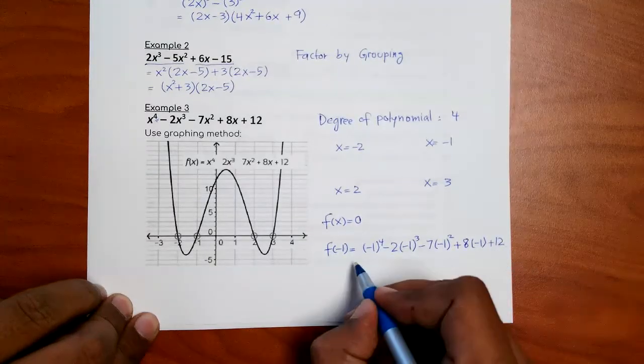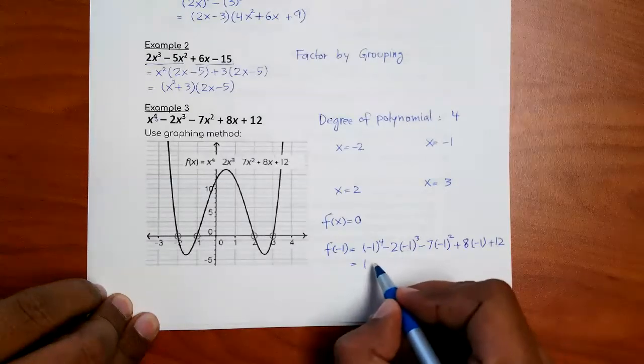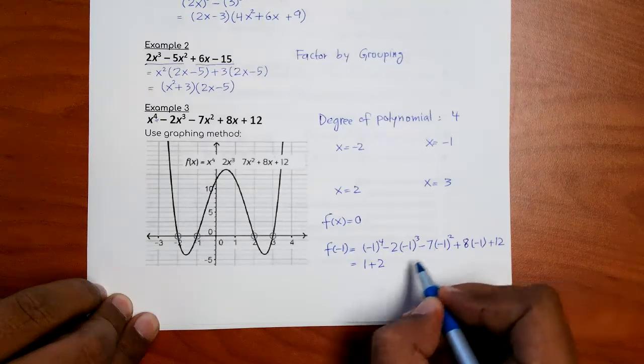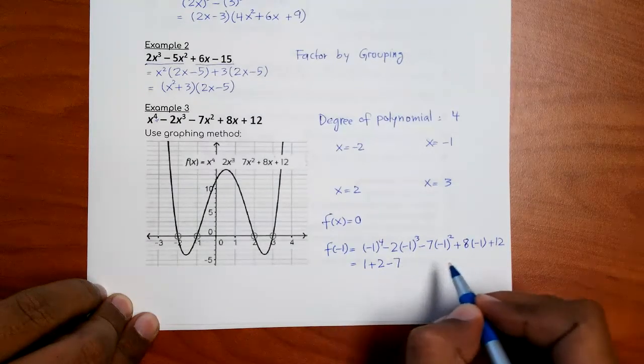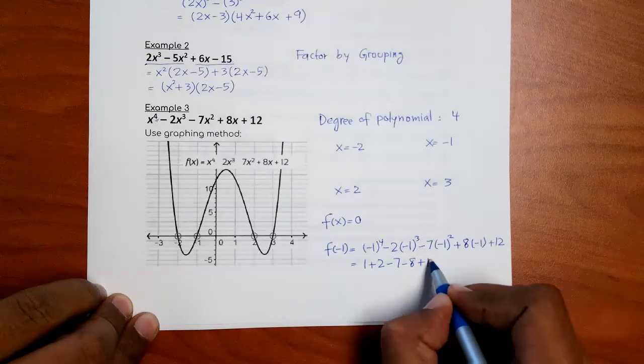Okay, so now negative 1 to the power 4 is 1, negative 1 to the power 3 is negative 1, and negative times negative is positive, so plus 2. Negative 1 squared is plus 1, and 1 times negative 7 is negative 7, then negative 8, and plus 12.